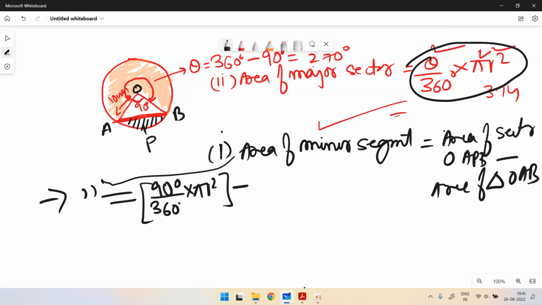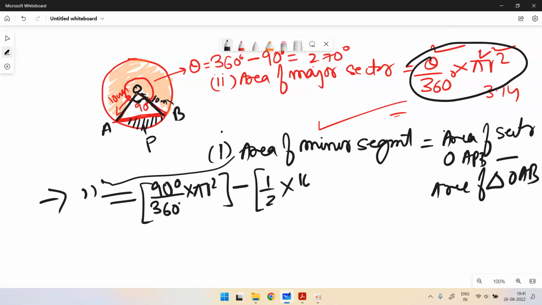For the area of triangle OAB, you can calculate it; you need to do this every time. You know that this angle is 90 degree, and this is also 10 centimeter because this is also a radius. The area is half base into height. For this 90 degree, you can take either this base, and then the other will be your height.